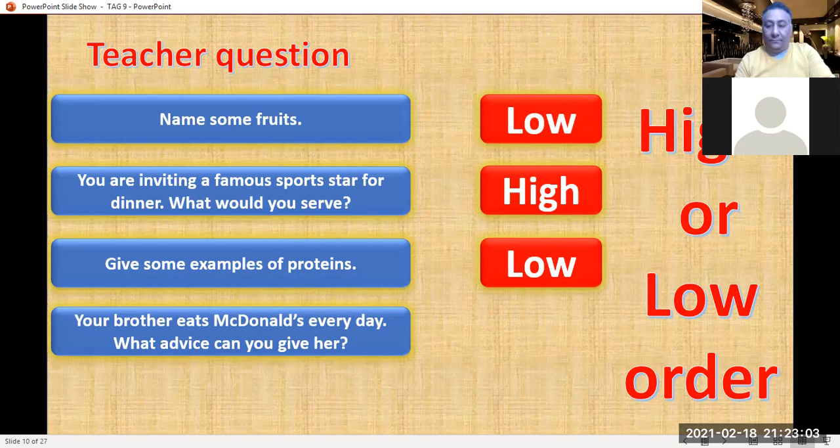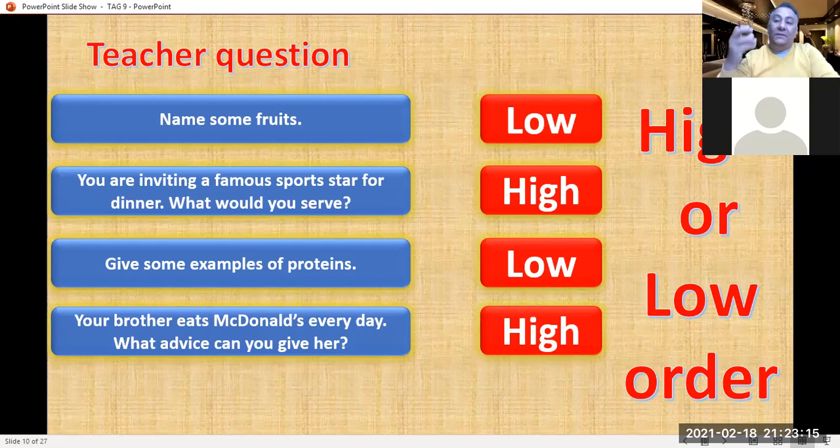It's high, because there is a challenge here. Okay, you can give him advice by convincing him of the harms of eating too much McDonald's.